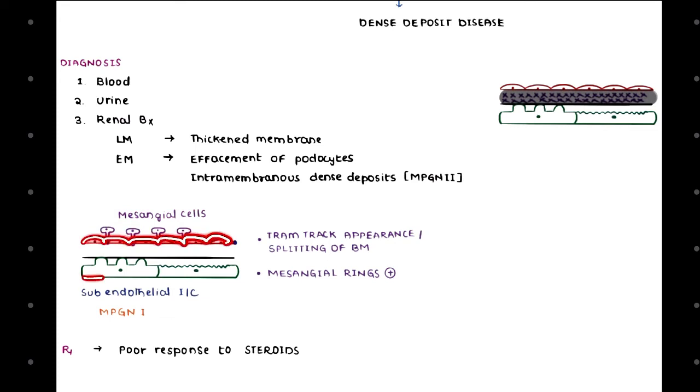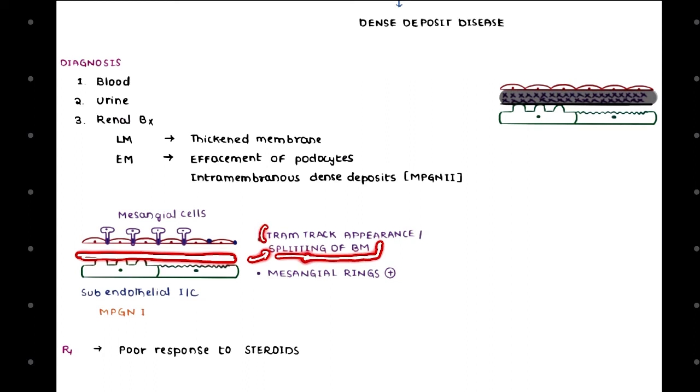This is our basement membrane, and here we can see deposition, and this deposition is causing splitting of the basement membrane. This will cause the tram track appearance. This is so important. It is called tram track appearance.